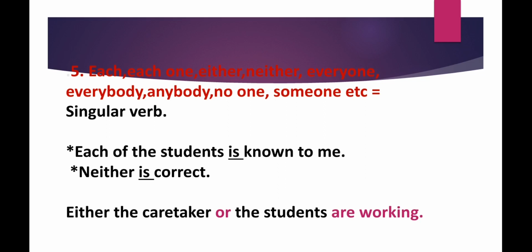No, here when you read the full sentence again, either the caretaker or the students, there are two subjects, two nouns, joined by or. So remember, the verb will agree with the nearest subject, right? The students is closer to the verb, so students is plural, so the verb should be plural. Clear?